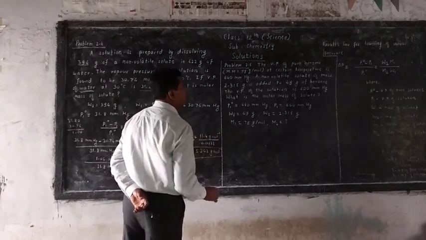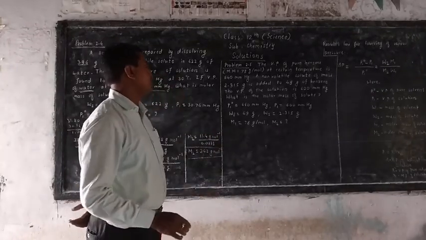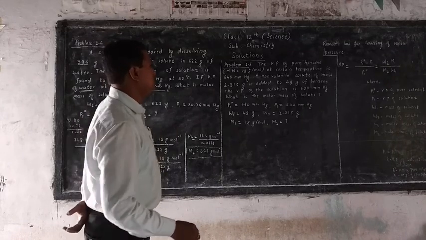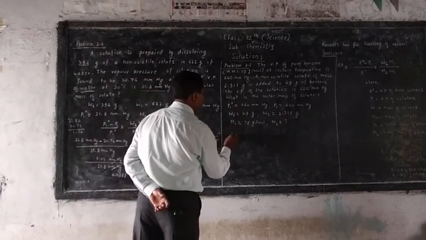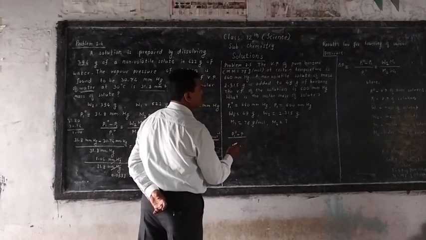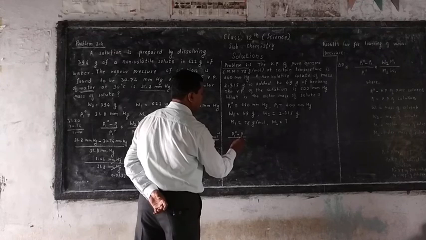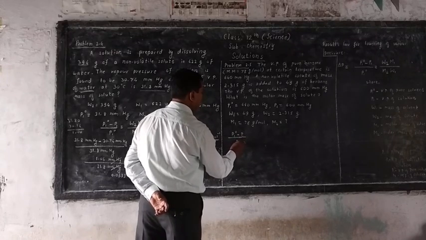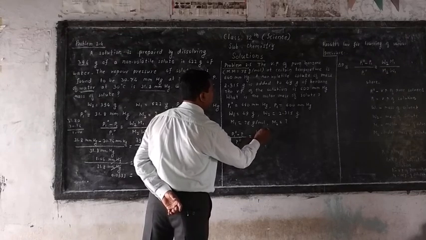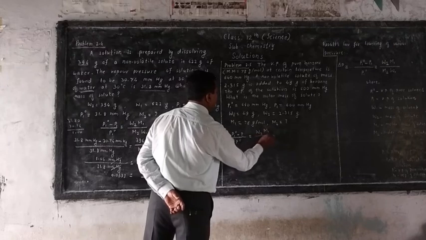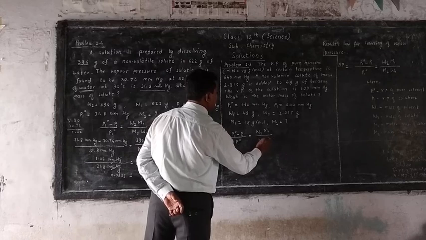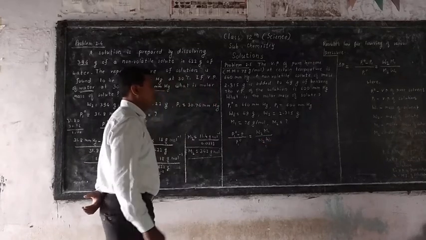So this is the data. By using Raoult's law for lowering of vapor pressure, we can find out the molar mass of a non-volatile solute. So again, use that formula. We know that from Raoult's law of lowering of vapor pressure, P10 minus P1 upon P10 is equal to W2 into M1 upon M2 into W1. So substitute values from given data.